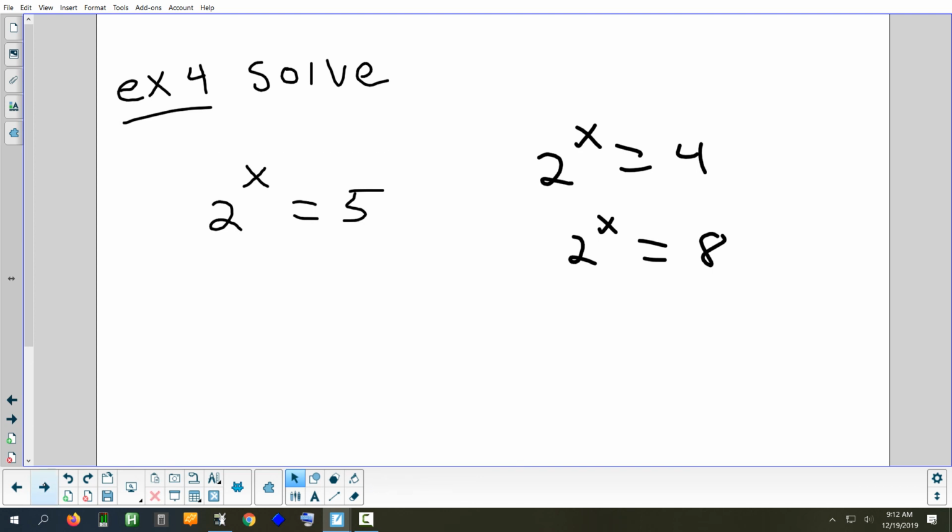Any suggestions what I could try here? Square root of 5? Take the square root of 5?